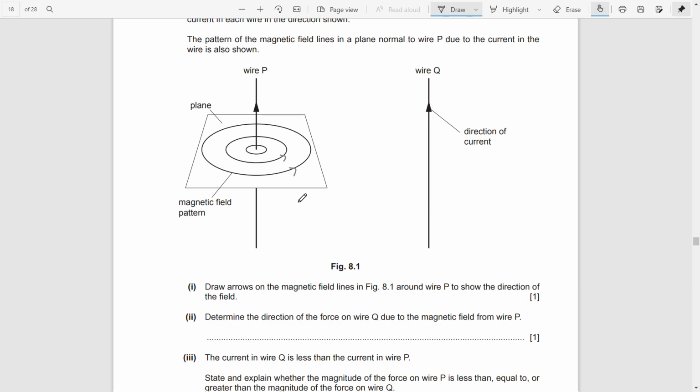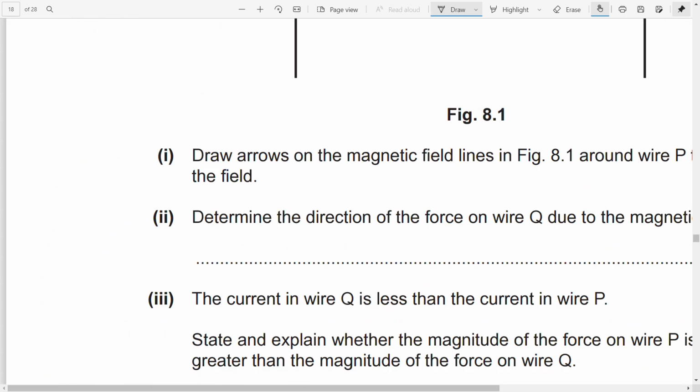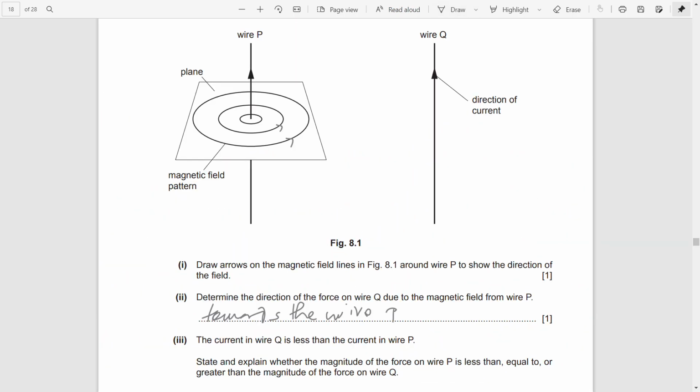Just use Fleming's thumb rule. And also, determine the direction of the force on wire Q due to the magnetic field towards the wire P. Towards the wire P. So while drawing the figure, it will be a straight line.